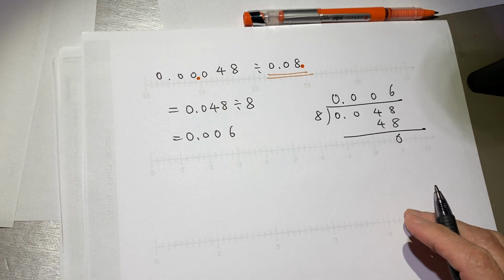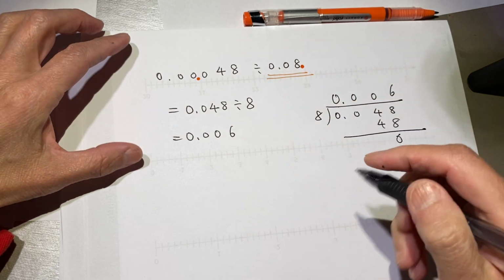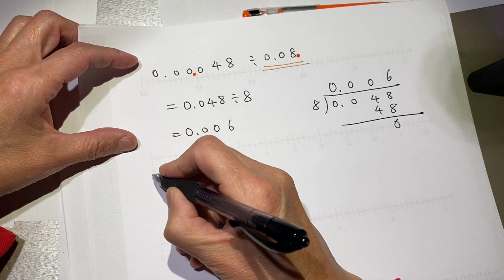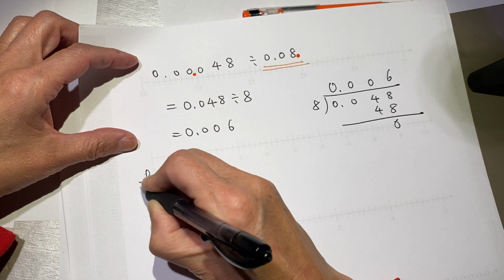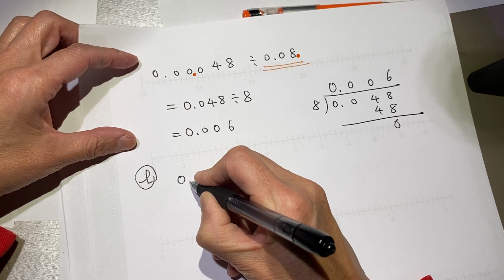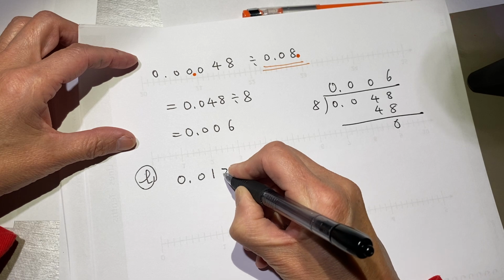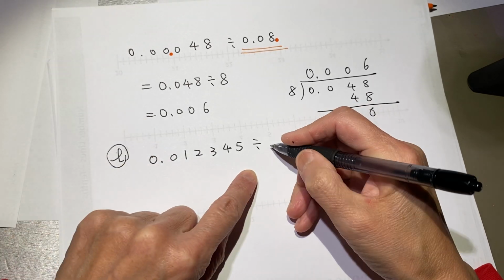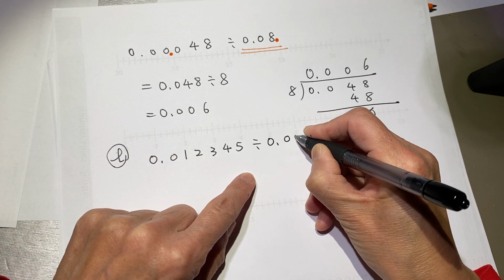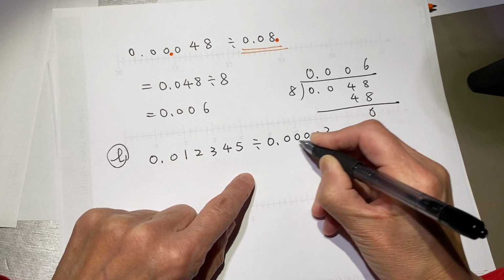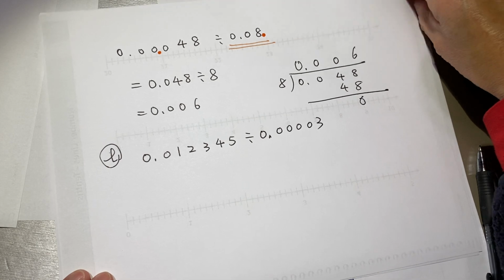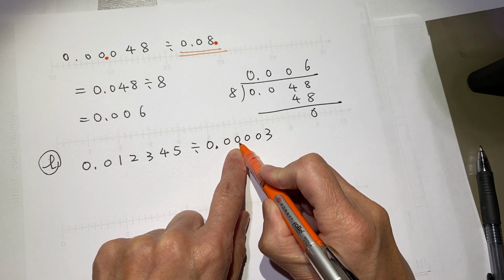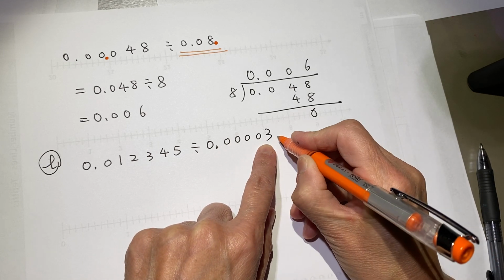One more, the last one. Okay, I lost track of the question number. This one we will write as the last one. 0.0123445 divided by 0.00003. Okay, that's a handful. So let's see, 1, 2, 3, 4, 5.